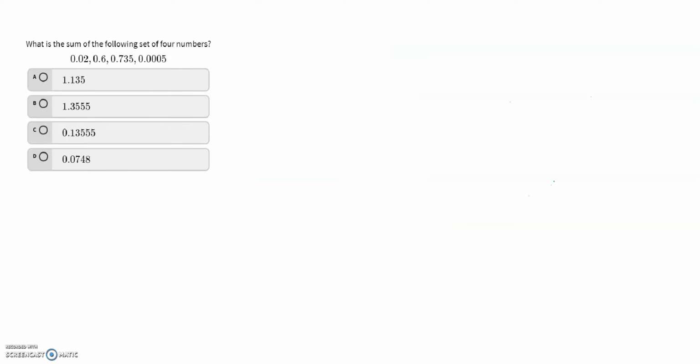Now I'm going to show you another example from MPT. The question is, what is the sum of the following set of 4 numbers? In this case, the keyword is sum, which means we have to add. So let's write that in a vertical way. I will write 0.02 first, then 0.6.